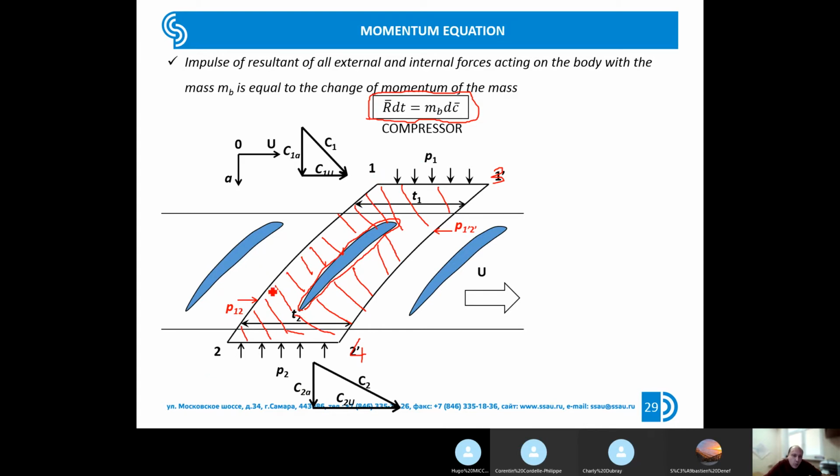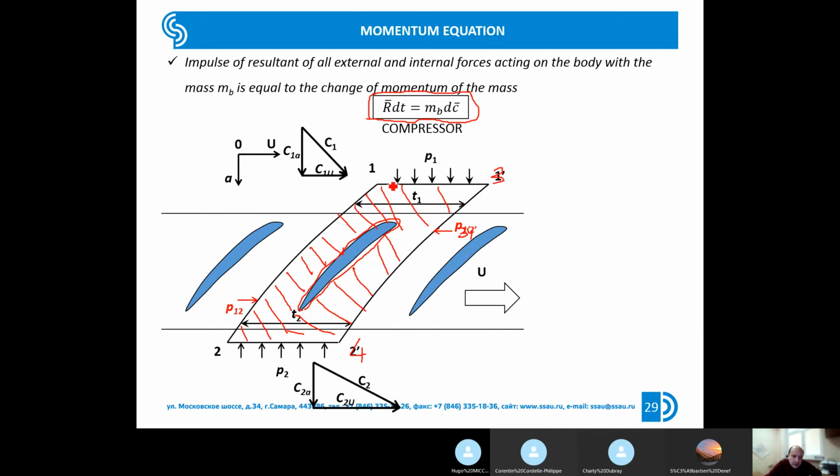At the line 1, 2 are acting pressure P1,2. And to the line 3, 4 are acting pressure P3,4. But here we have one interesting moment.